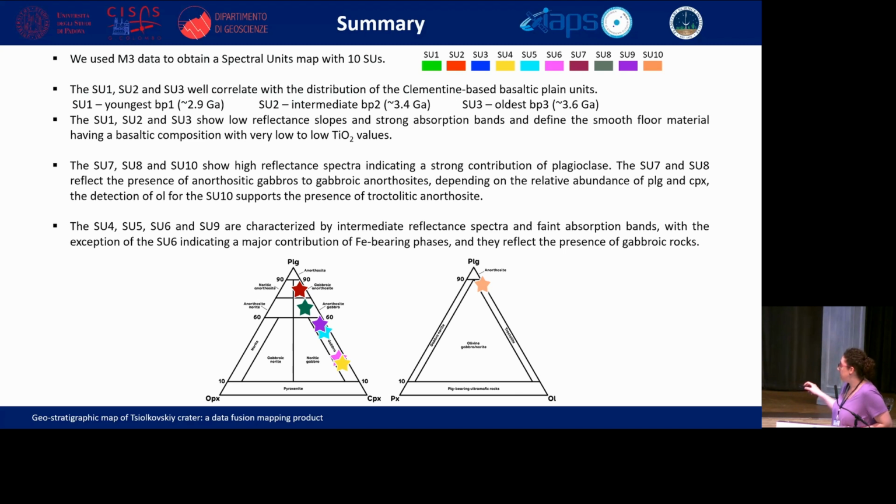Finally, spectral units 4, 5, 6, and 9 are characterized by intermediate reflectance spectra and fainter absorptions, with the exception of spectral unit 6 that indicates a measured contribution of iron-bearing mineralogical phases, and they might reflect the presence of gabbroic rocks.